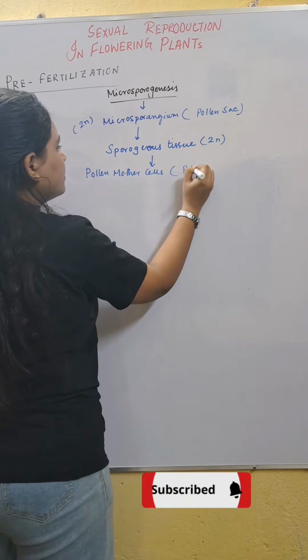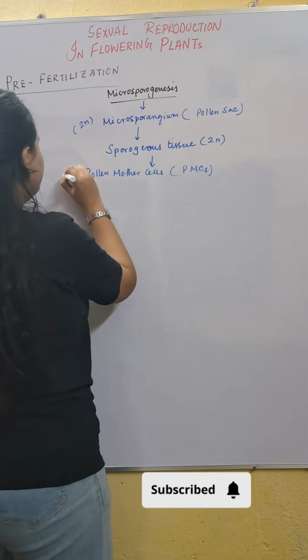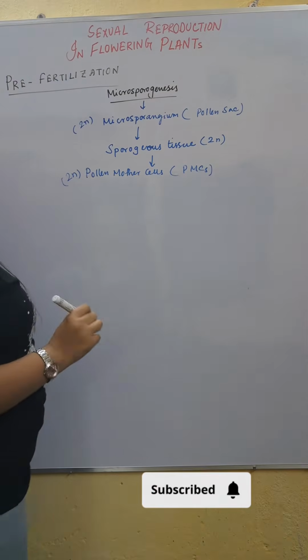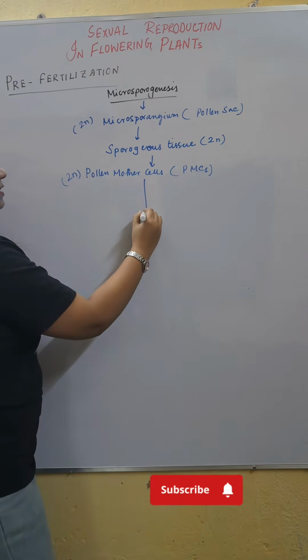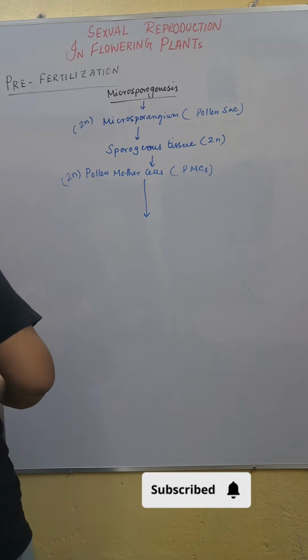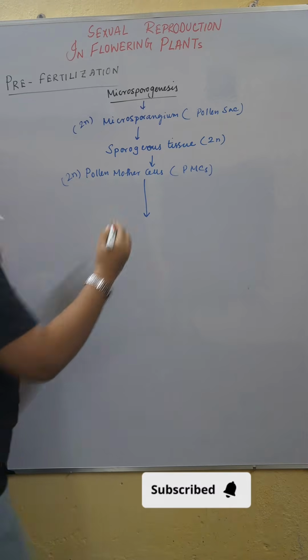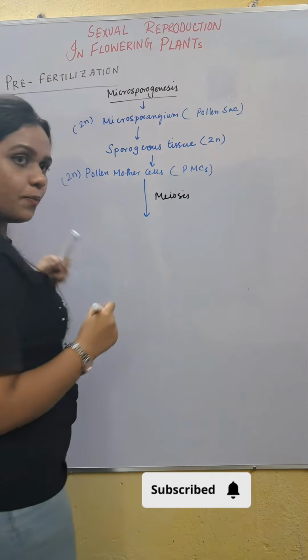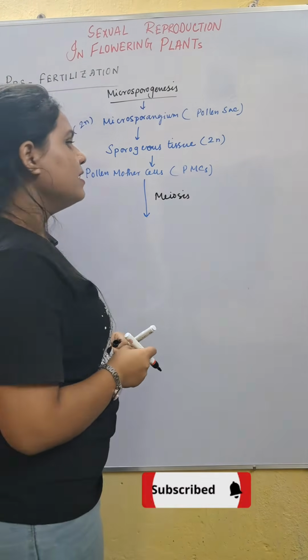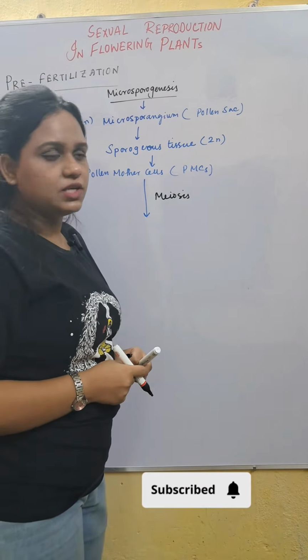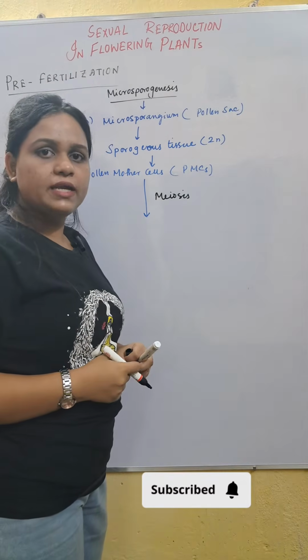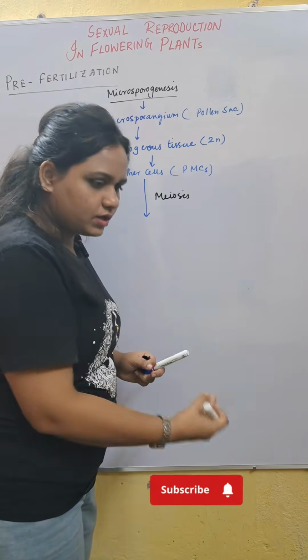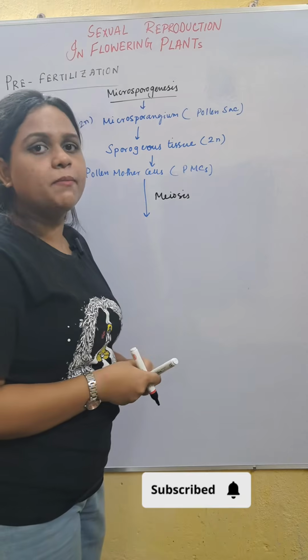In short, they are written as PMCs. PMCs are also diploid. This PMC undergoes meiosis. I hope you all know what meiosis is. Meiosis is the reductional division in which the ploidy of the daughter cells becomes half of the mother cell.